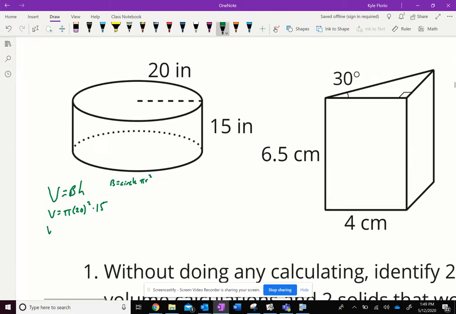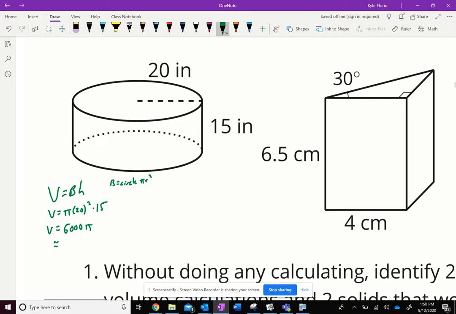So what do we got here? So 20 squared is 400. 400 times 15 is... that's 6,000. 400 times 15. Yep, so that's 6,000.